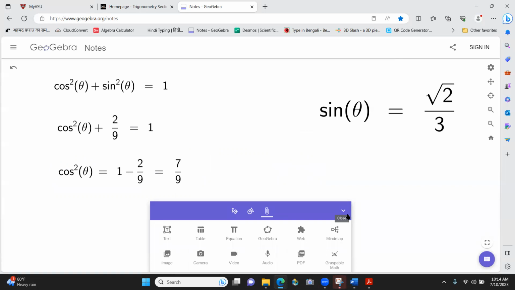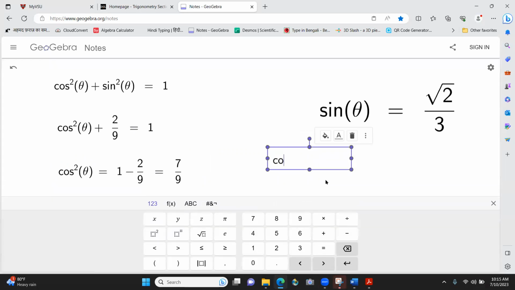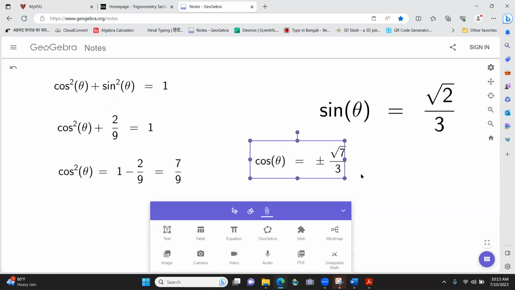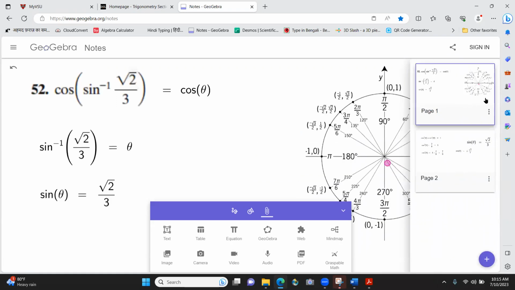Now you have to find the square root of 7 over 9 to get the cosine value. And that's going to be square root of 7 divided by square root of 9, which is 3. And let's put plus minus here now. Okay. Now, the point is, I do know theta is on the right-hand side. Let's bring our unit circle.